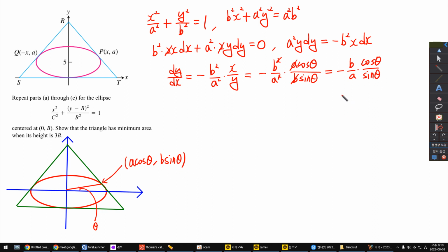And using this point and slope, we can make the equation of the tangent line. So this is the equation of the tangent line, and this point will be the y-intercept of the tangent line. At first, let's multiply a sine theta to both sides to remove the denominator.